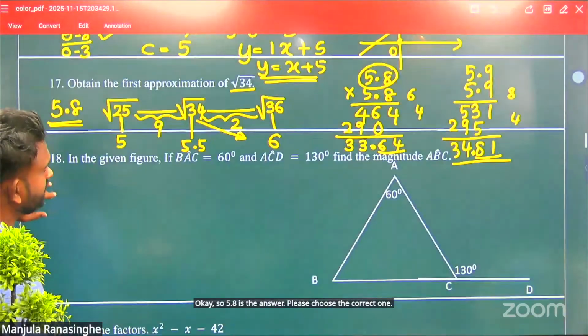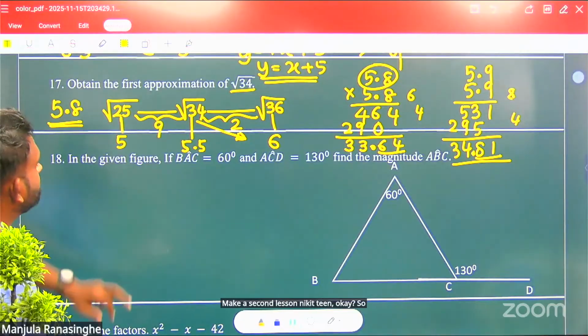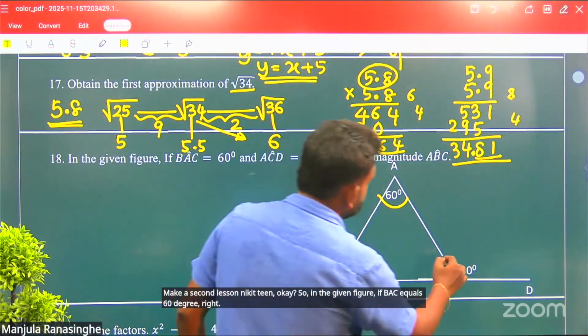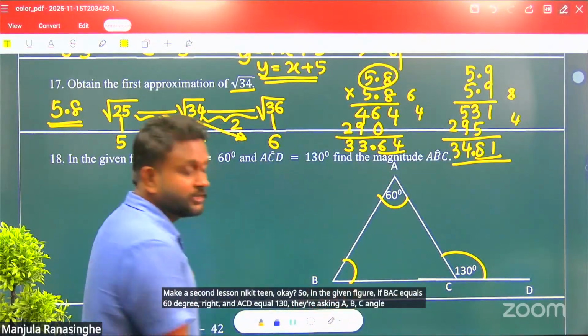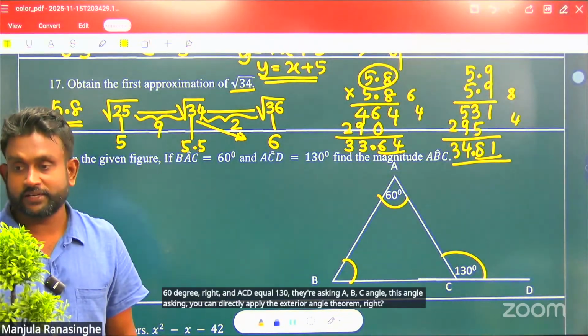Make a second lesson, okay? So in the given figure, if BAC equals 60 degrees and ACD equals 130, they're asking the ABC angle. You can directly apply the exterior angle theorem without finding the interior.